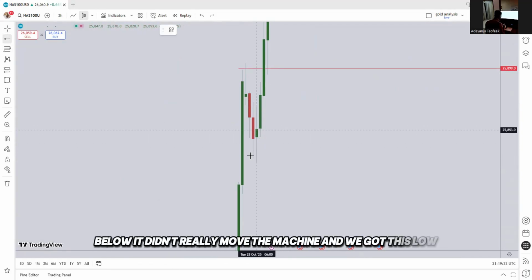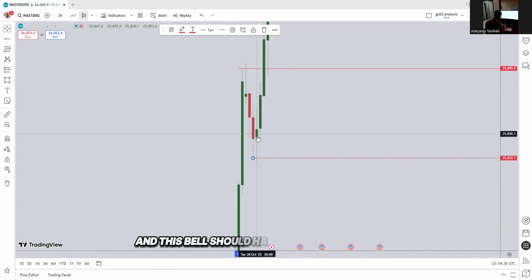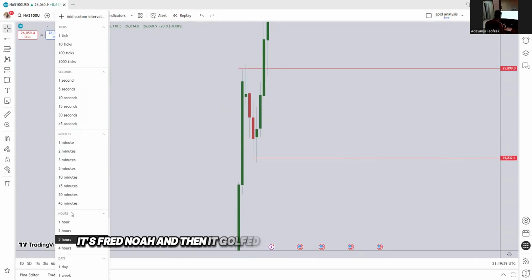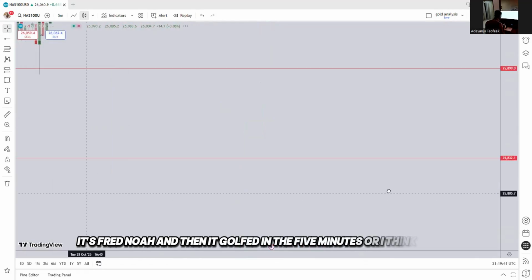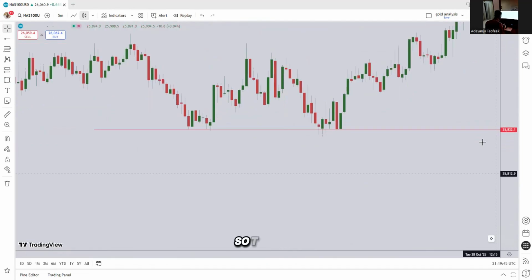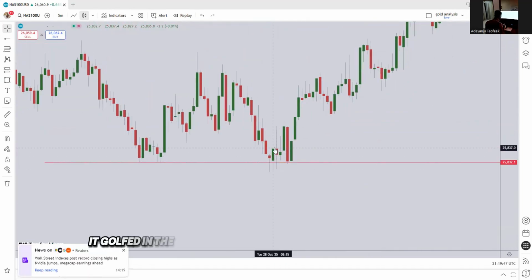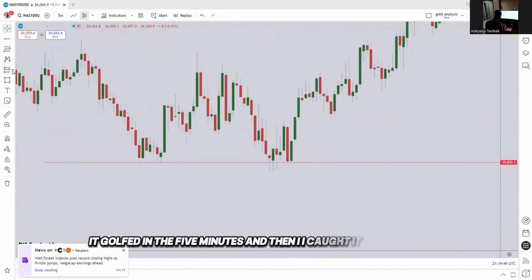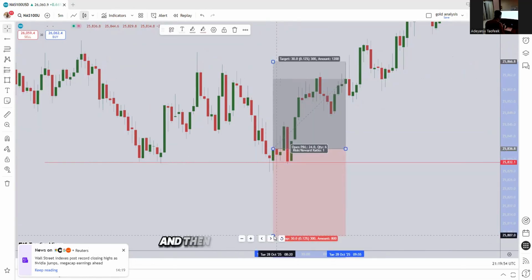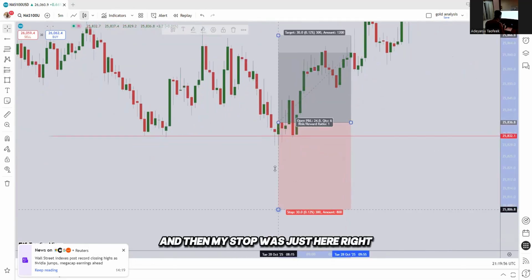And we got this low and then traded, right? It traded lower and then it engulfed on the 5 minutes. Yeah, so this is it. It engulfed on the 5 minutes, and then I got in on the buy here. I bought here, and then my stop was just here.